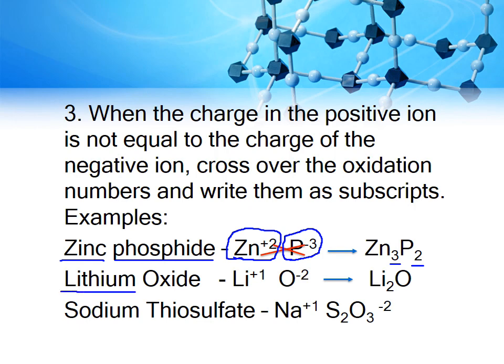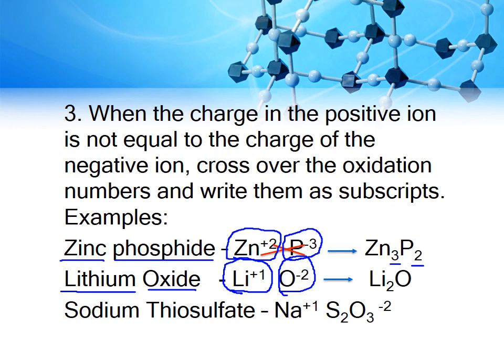Another example is lithium oxide. Again, according to the first rule, we will write the symbol of the cation and its oxidation number, and for lithium, we have Li positive 1. And for oxide, which is the anion, we have O negative 2. You also notice that the oxidation numbers are not equal.